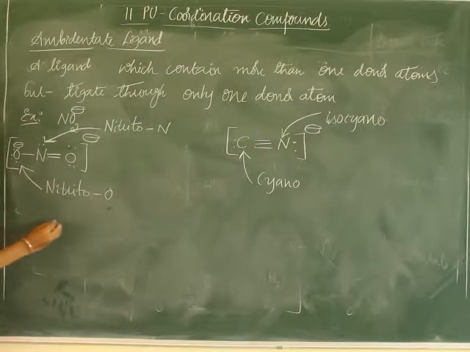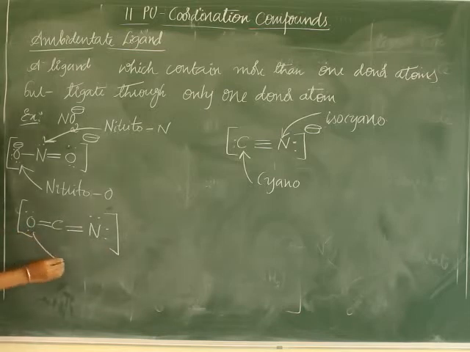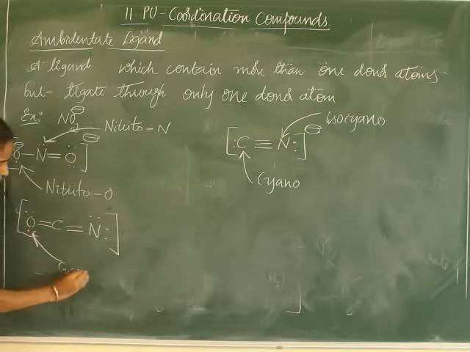And one more we can observe, that is cyanato. C double bond N double bond O, with lone pairs. If it is through oxygen, then it is called cyanato.